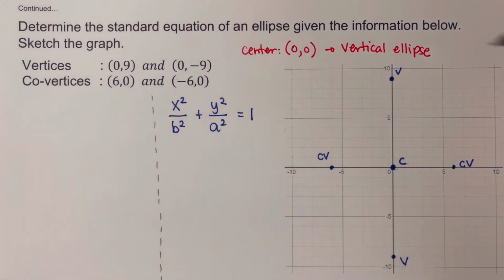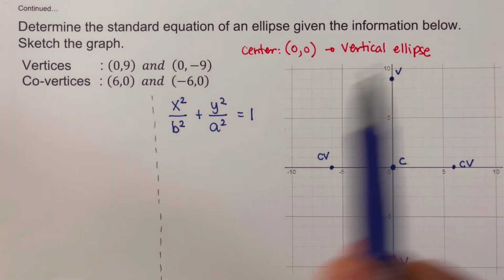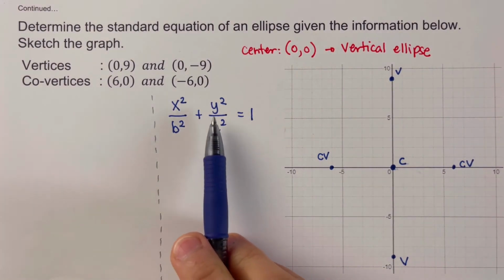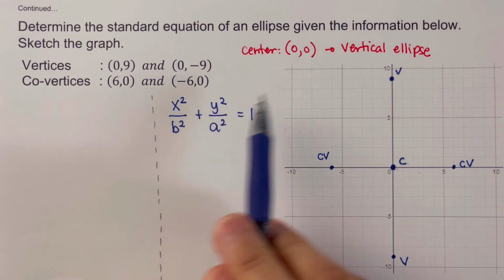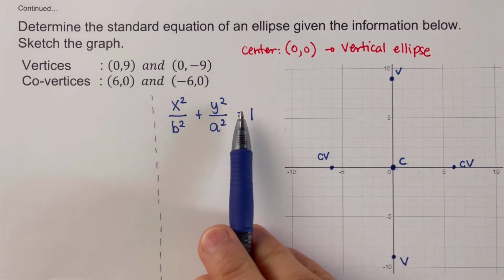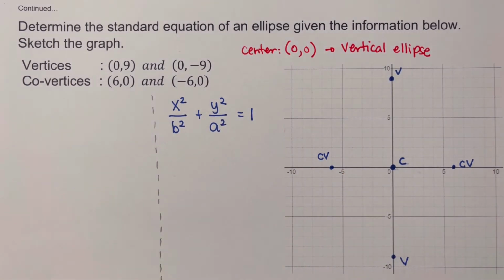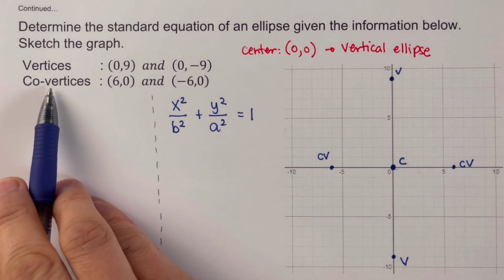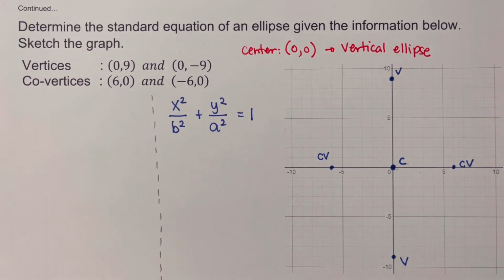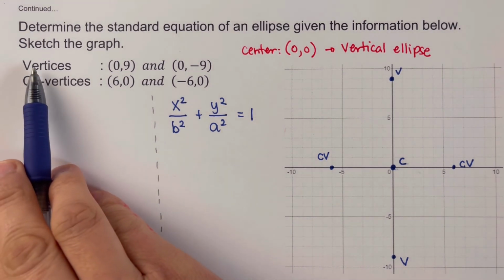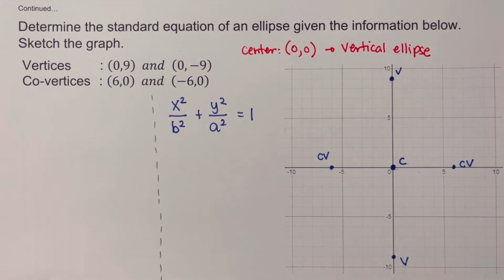Since this is an example of a vertical ellipse, I wrote the a squared at the bottom of y squared, since again, that is the vertical ellipse. So this is the general equation of a vertical ellipse case. So we can go ahead and say that our co-vertex is actually located B distance from the center, and our vertex is located A distance from the center.